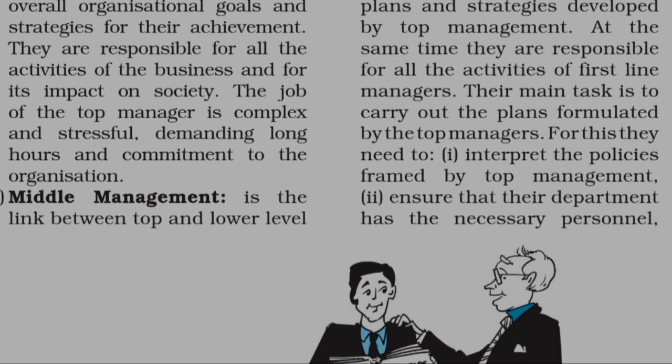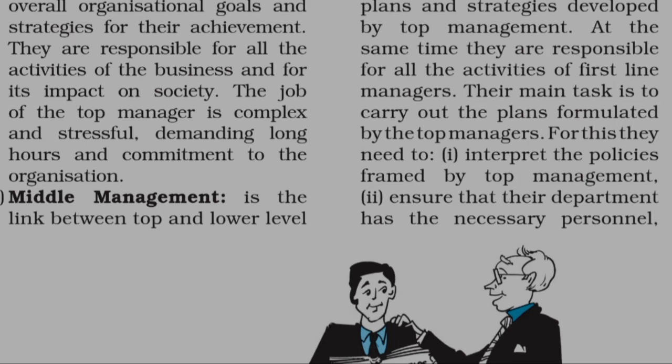The top managers are formulating some plans for the entire organization. For those plans, the middle management has to perform some activities. For example, they have to interpret the policies framed by the top management. The policies the top management is framing, they have to interpret to the departments at the same level.